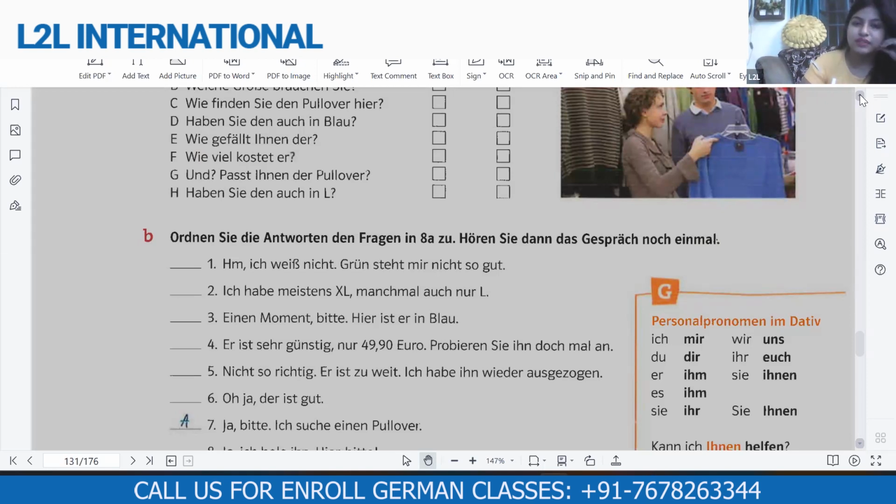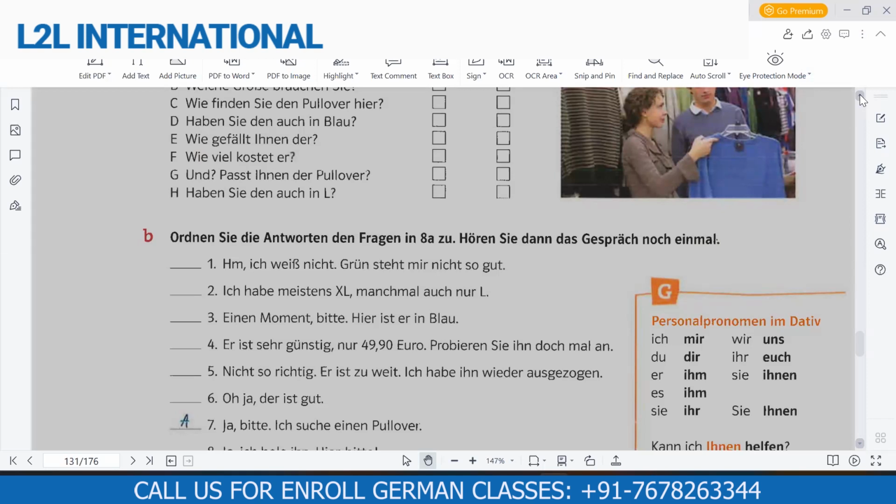So what is the answer, Sana? Einen Moment bitte. Hier ist er in Blau. Yeah, here is er in Blau. It is in Blau. Okay, good. Now we feel cost here, Samriddhi. Er ist sehr günstig.